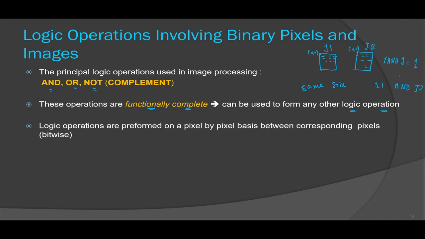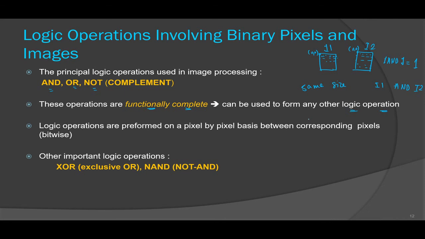So this is how the operations are performed. Now another important logic operation is the XOR operation, or exclusive OR operation. Some other operations are also there, like NAND, which is a combination of NOT and AND.